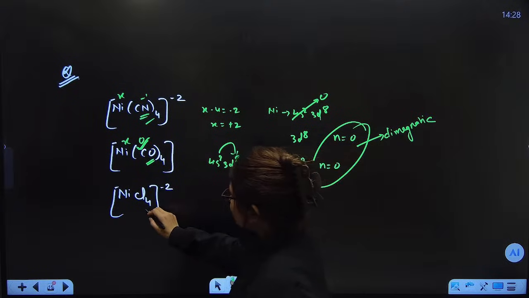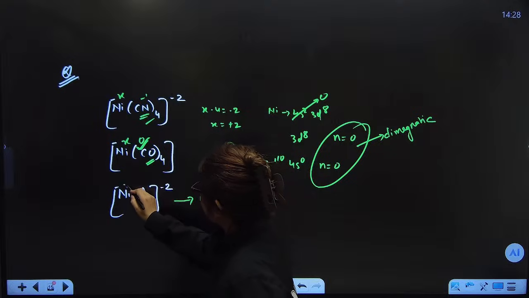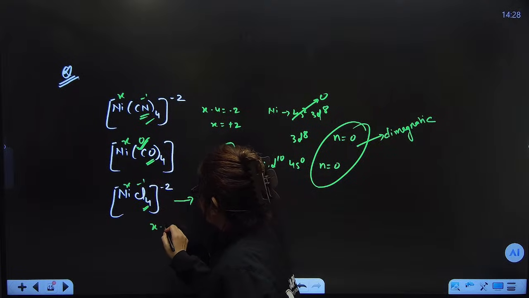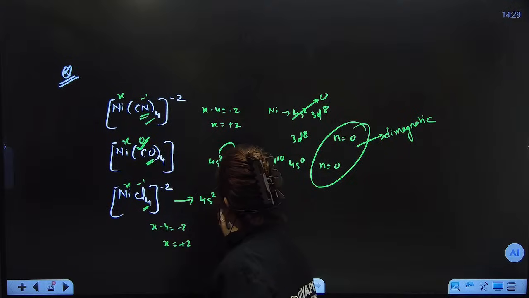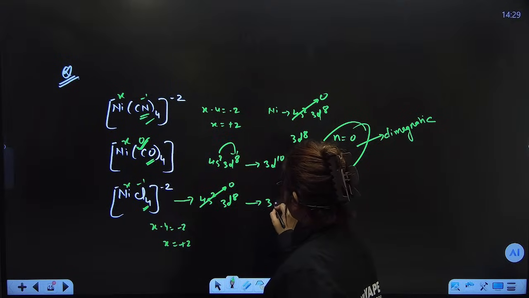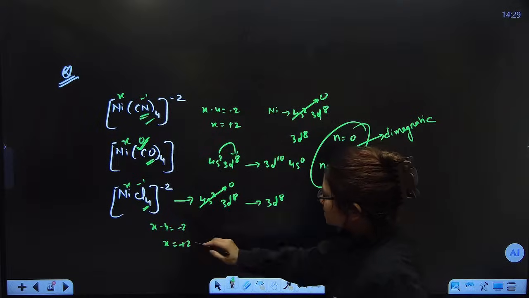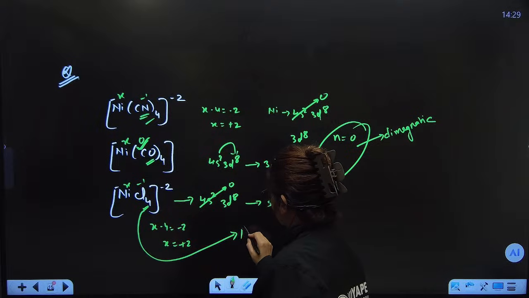And obviously this is the weak field ligand, so let's talk about NiCl4. Oxidation number: x minus 4 equals minus 2, so x equals plus 2. So this becomes 3d8, and since it's a weak field ligand, unpaired electrons remain, so this becomes paramagnetic in nature.